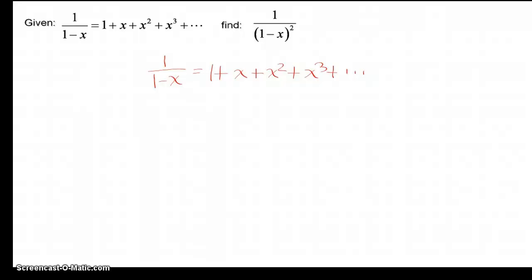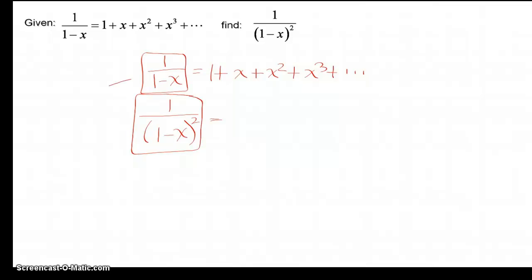So how can I start from this power series and find the power series for that function? Well, what I need to do is compare these two functions and find out what mathematical operation was done on this one that yielded that for an answer. And whatever was done there, as long as I do that same operation on this side of the equal sign, then I'm guaranteed that that result will be the power series representation for that new function.